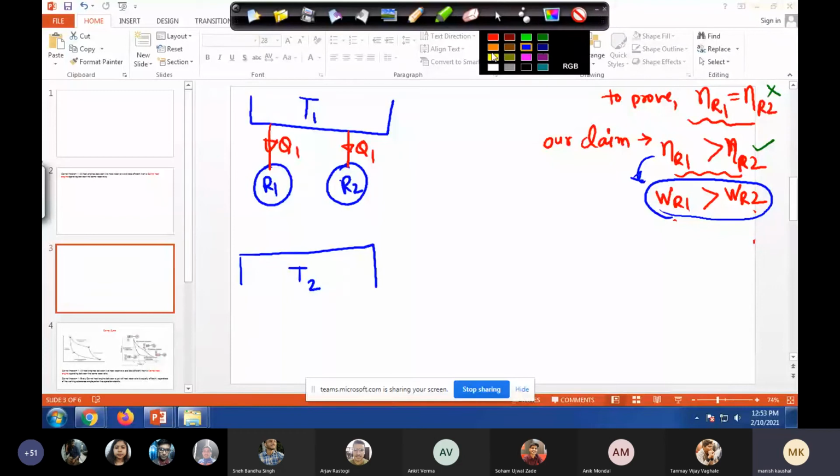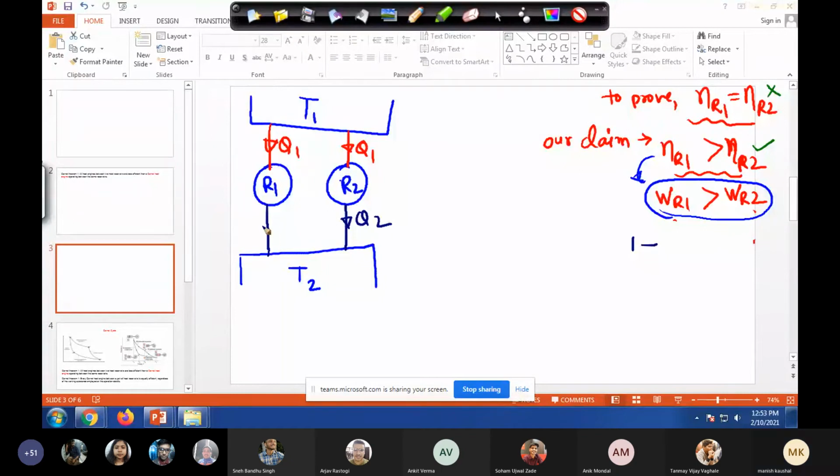Then what else? If you want to write this eta R1, you can also write 1 minus, let's say that this R2 is rejecting Q2 and this R1 is rejecting Q. Fine. Great.